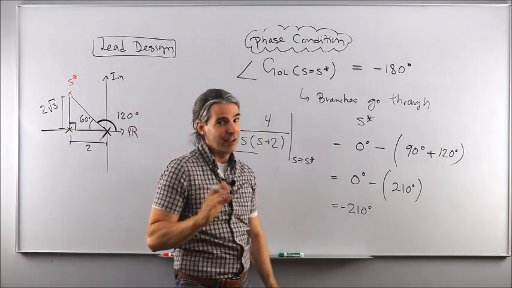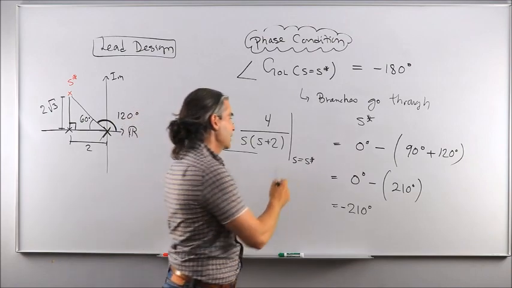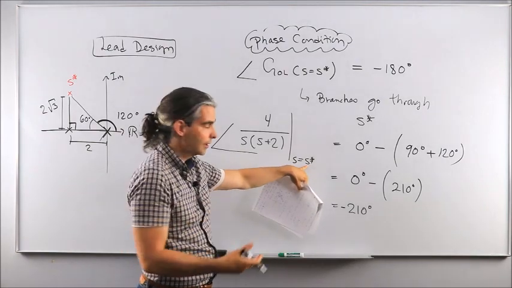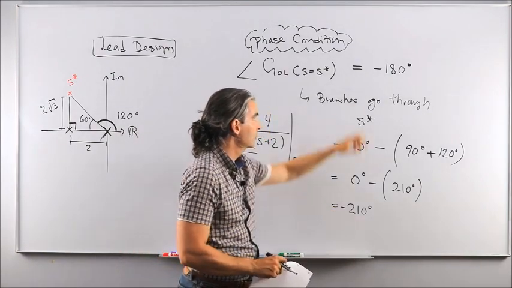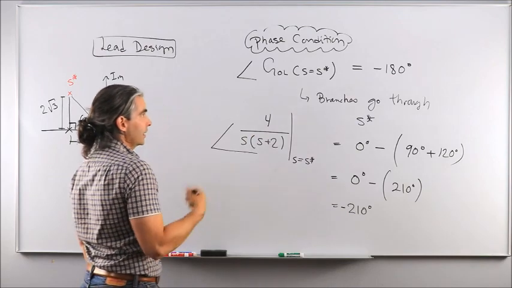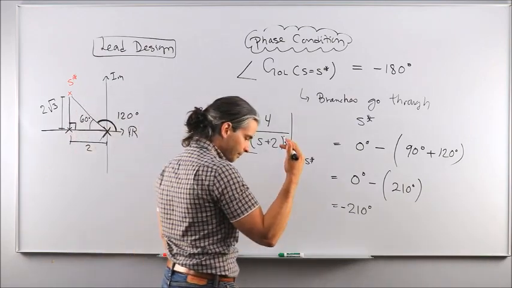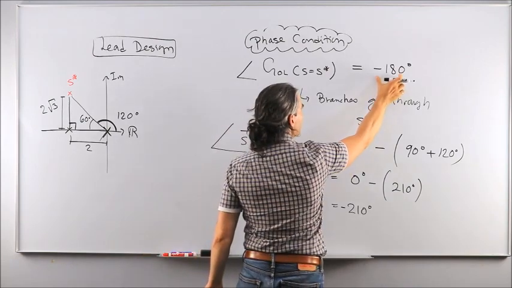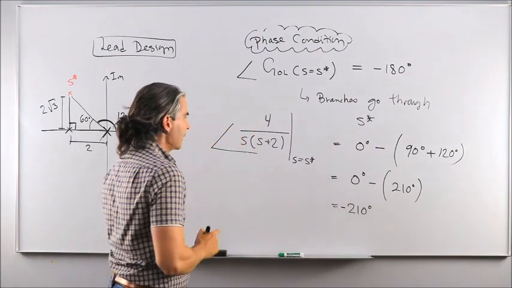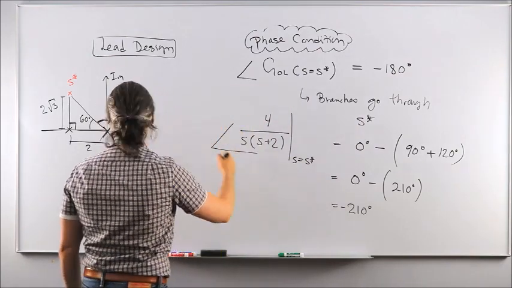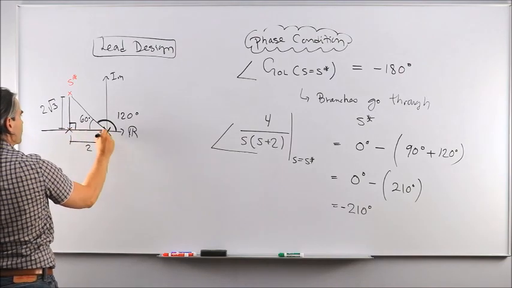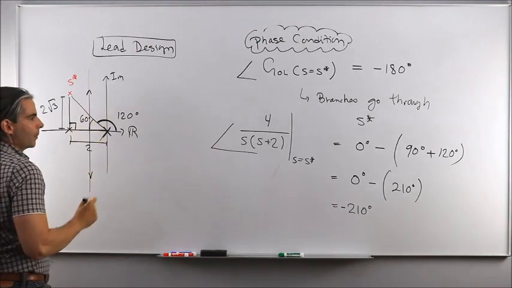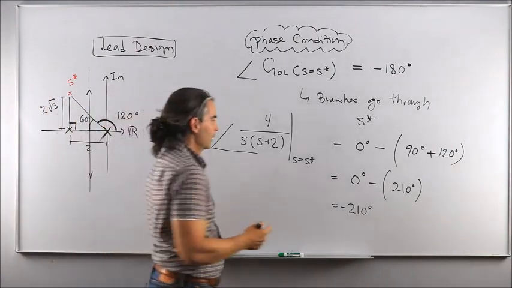Shoot, that's bad news, because that tells me that currently I'm not going through S star, because if I had, then my phase would have been exactly equal to minus 180 degrees. This is the phase condition that tells me that any point along a branch of a root locus will be giving you phase of minus 180 degrees. So again, that just confirms what we already knew, that the current root locus does not go through S star. But now we have quantified that through the phase condition.